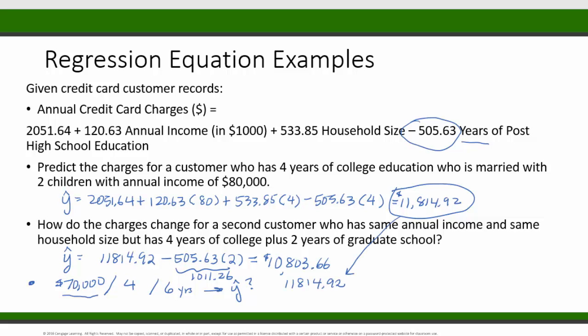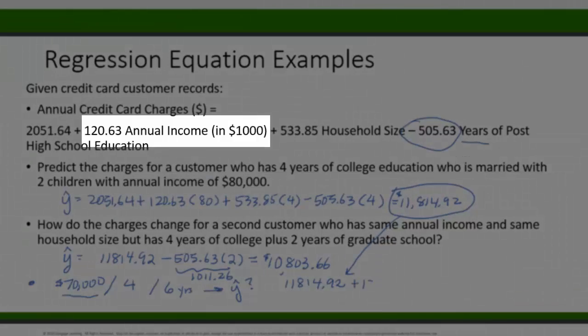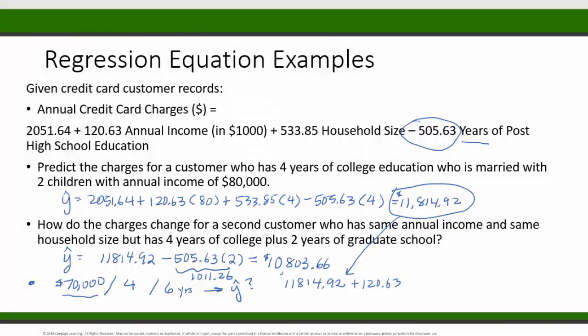So the annual income went down from $80,000 to $70,000, so that's $10,000 difference, or a decrease of 10 in the variable value here. So it would be 120.63 times negative 10.